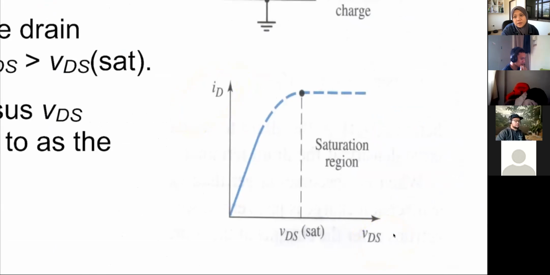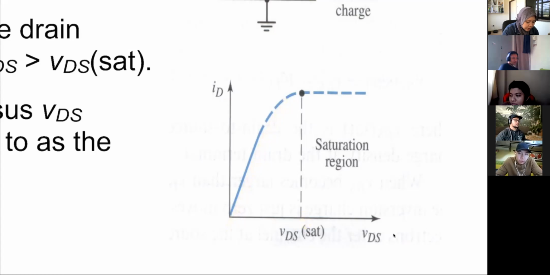So if they ask you in any interview to draw the current characteristics of a MOSFET, you will draw the drain current versus VDS. When VDS is less than VGS minus VT, which is this point, you can see the current is linear.